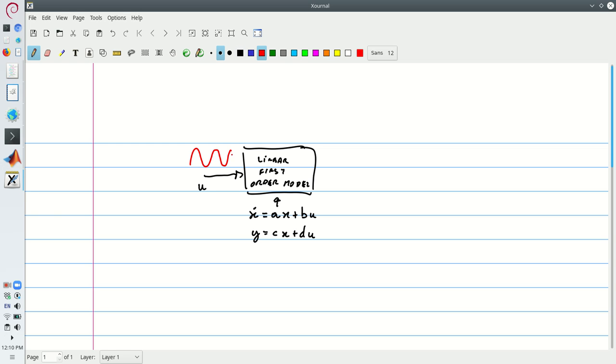sinusoidal function. It was simply a sine, and then what we were doing, we were observing the output y. So the output y, we saw it was a sinusoidal function, but the interesting thing is that if the input is a sine wave or a cosine wave, there is really no difference.